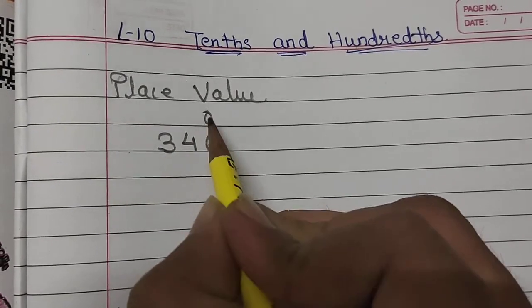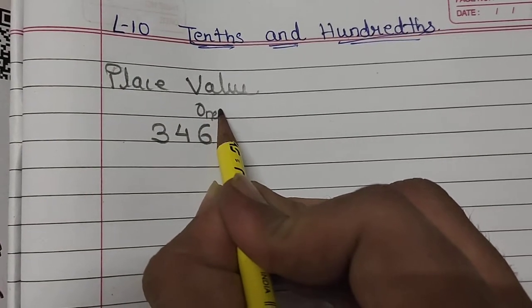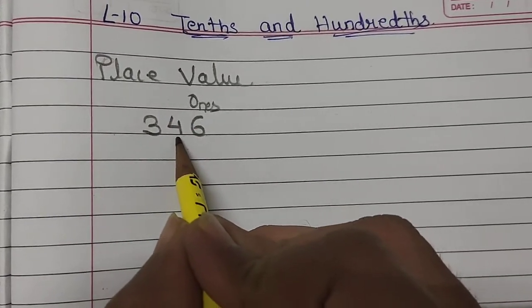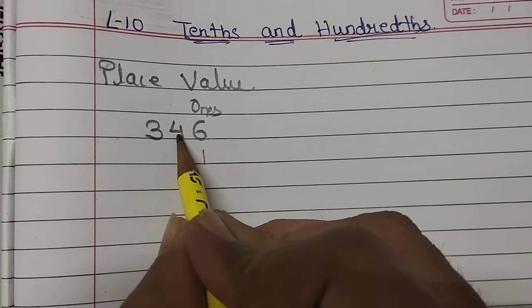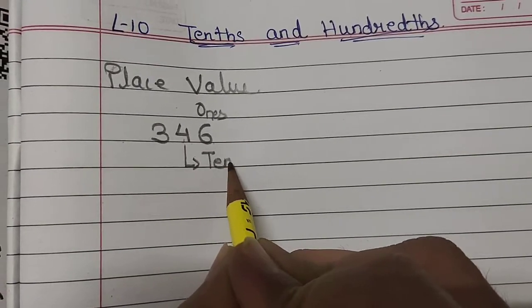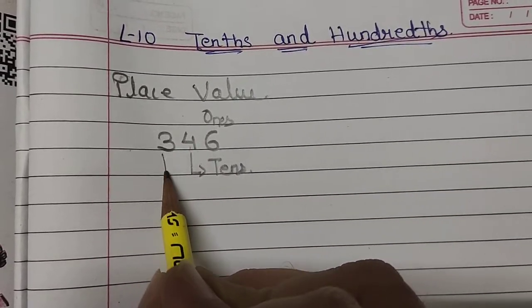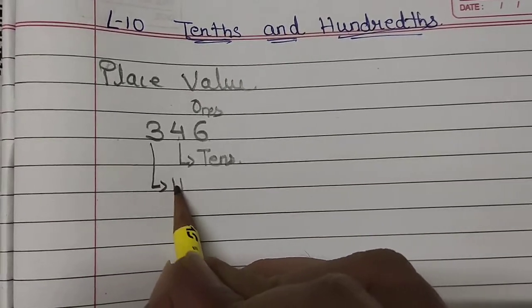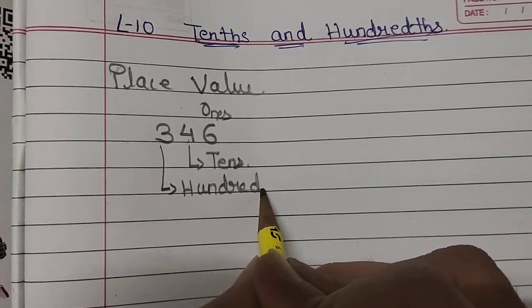Write it down, ones. 4 is at the place of tens, and 3 is at the place value of hundreds.